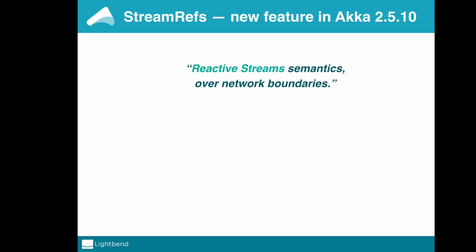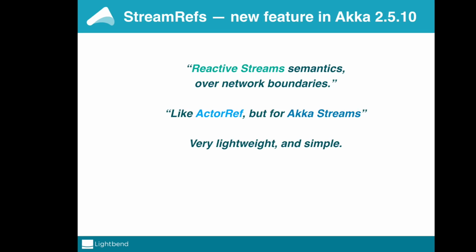You can think of it as messaging. And the best way to think about StreamRefs is like ActorRef, but for Akka Streams. So it's very simple to use. You just pass the reference around and then you can just materialize it as if it was a local source or a local sink. So basically you get the location transparency you're used to from actors, but for streams.